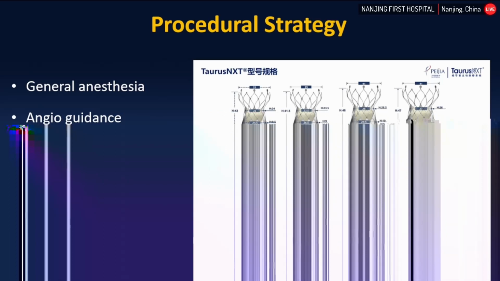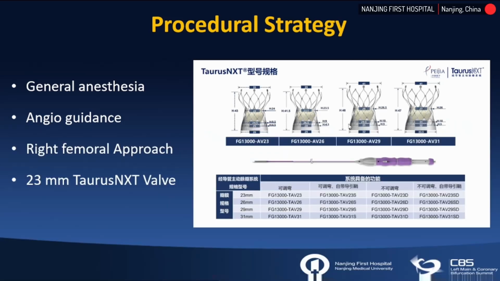Before the procedure, this patient had a PCI history of 12 years ago, so we performed a coronary angiogram. The right coronary is nearly normal. This is the left coronary angiogram. For the LAD, it's a typical LAD and diagonal two-stent technique. The stent was patent, treated 12 years ago with the two-stent technique.